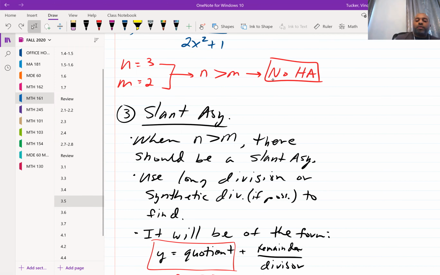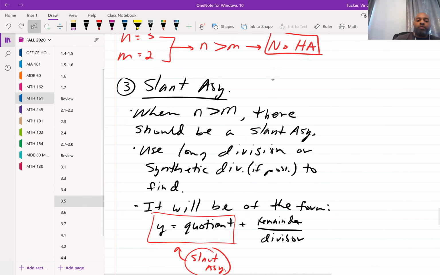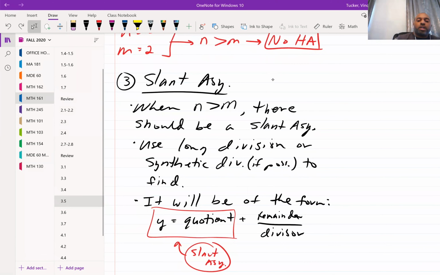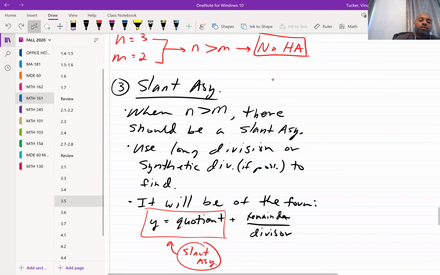Whatever your quotient is, that will be your slant asymptote. Your remainder is not a part of your slant asymptote. Also take note that it's y equals for your slant asymptote, y equals for your horizontal asymptote, but x equals for your vertical asymptote.